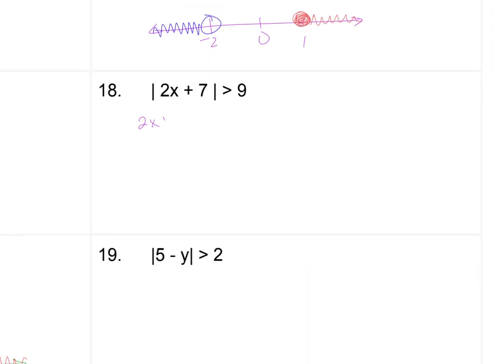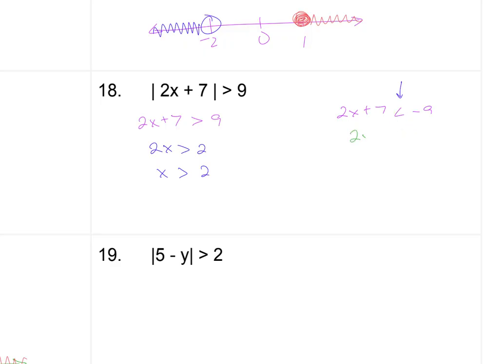I have my absolute value already by itself, so I have my positive version, I have my negative version. Subtract 7 to get 2, divide by 2 to get 2. Don't forget, I didn't say it out loud, but on your negative version, flip the inequality, right?